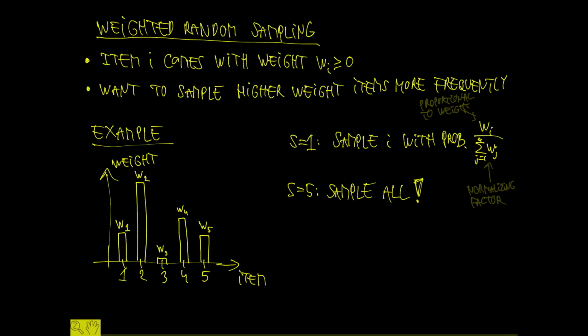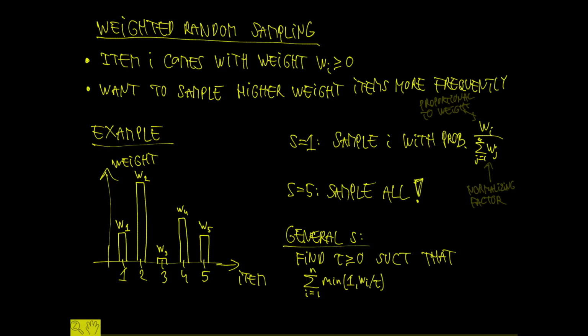But if we want to sample 5 elements, we want to sample all of them. So how does this look in general? Let's consider a general sample size S. The idea here is that we find some cutoff point, which we call tau, such that if we sum the minimum of w_i over tau and 1, over all weights, we get exactly S. In the case where we sample all, this corresponds to tau equal to 0.